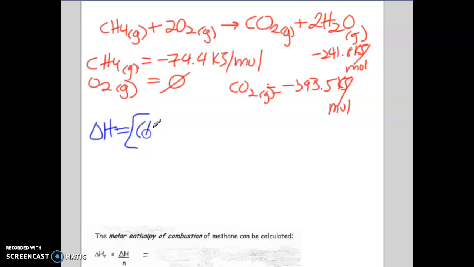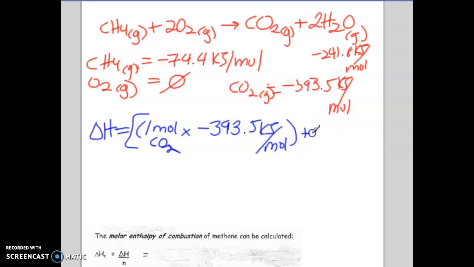We would have 1 mole of CO2 times the value for CO2 delta HF, kilojoules per mole, right? Plus, we have 2 moles worth of water, and we would multiply that by the value for the delta HF of water.